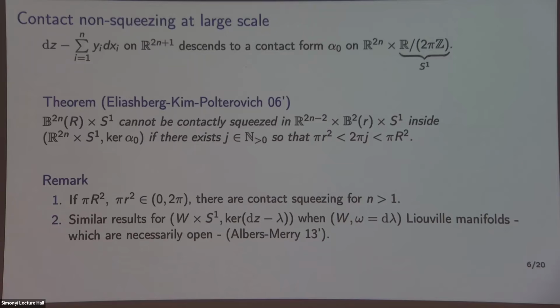Oh, okay. Because here it actually cannot be contactly squeezed by a compactly supported contact isotopy. Oh, I see. Yeah, if you're squeezing a bounded subset, then you can have a stronger condition.